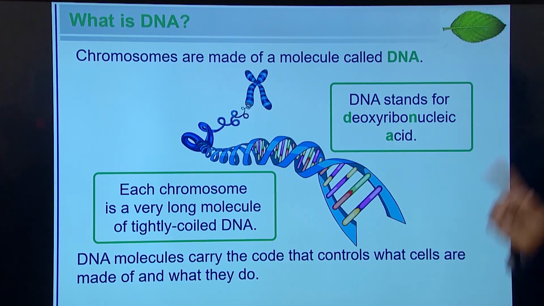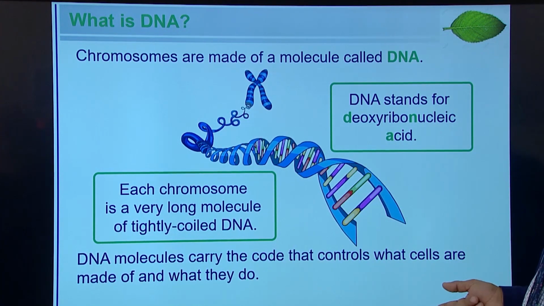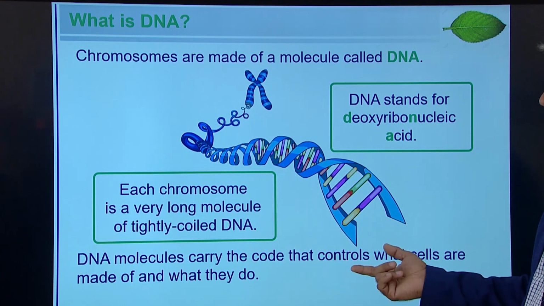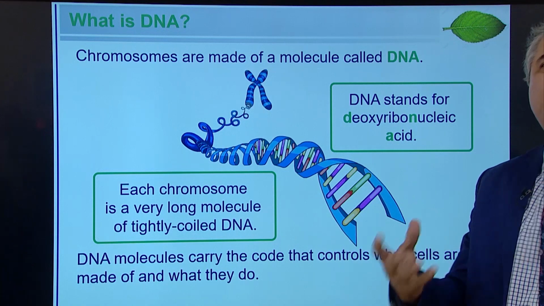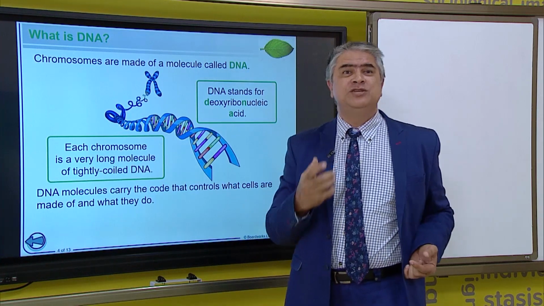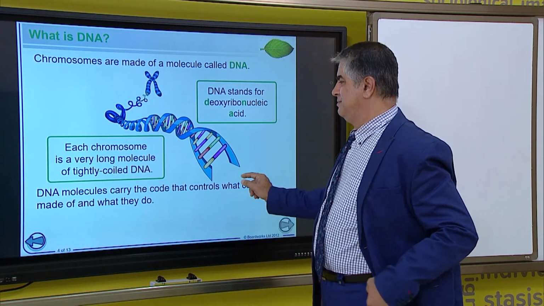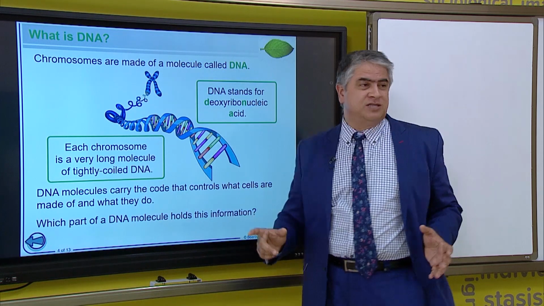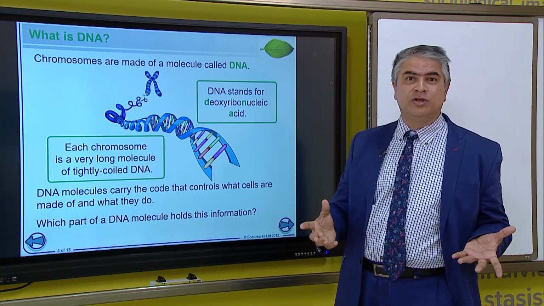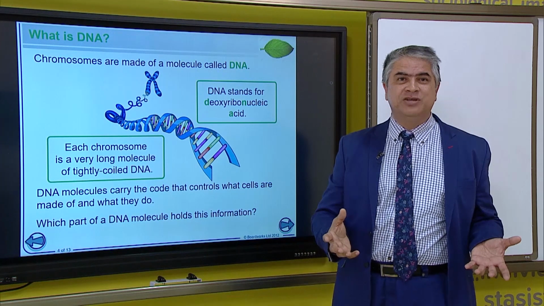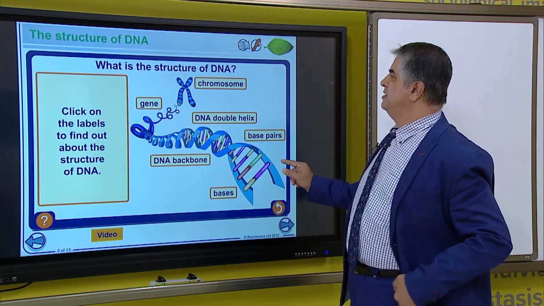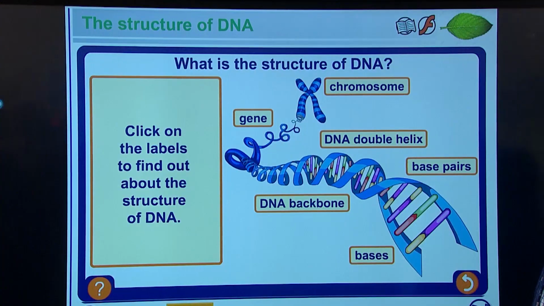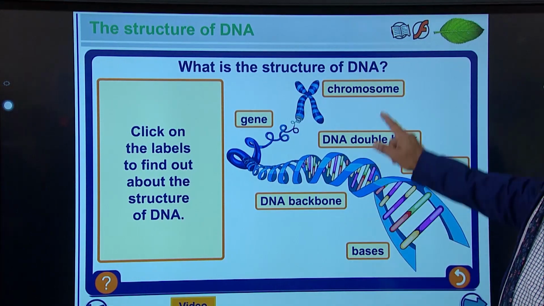Now, the question is that DNA carries the code that controls the entire cell. And we want to know, how does it do it? Which part of the DNA molecule contains the information that controls the cell? Let's look at the structure of the DNA.